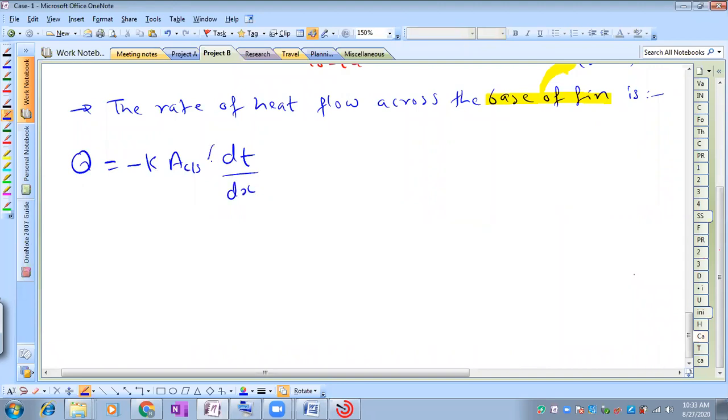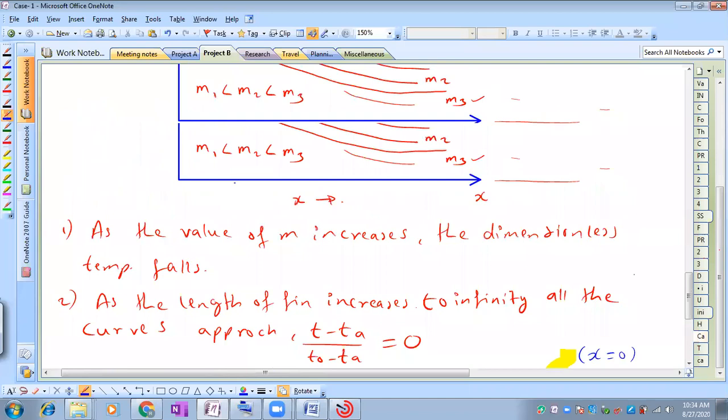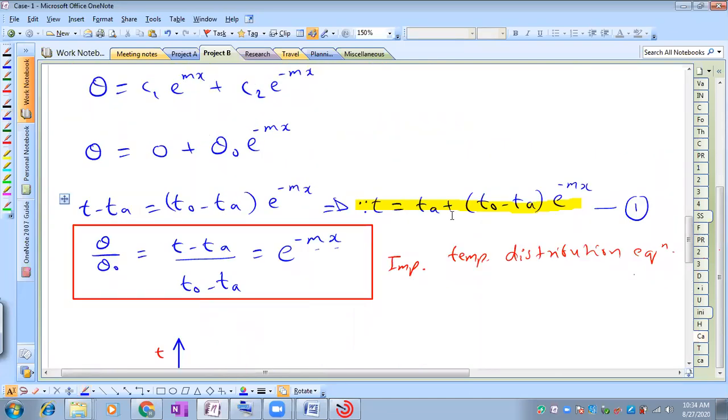As we are calculating Q of fin for infinite length from the base of the fin, I require my temperature gradient at x equal to 0. So how to get dT by dx? You can refer to equation number 1. This is your equation number 1 that we will consider. We'll take the derivative dT by dx.